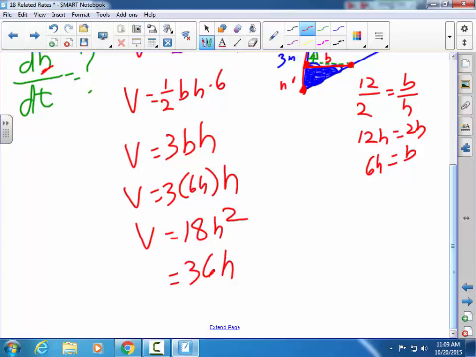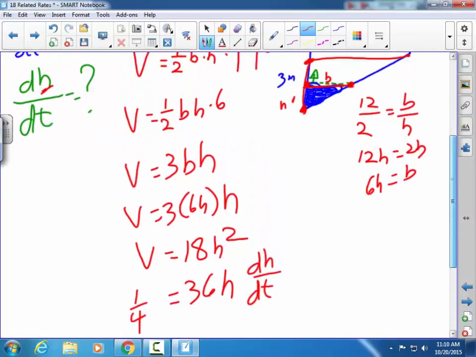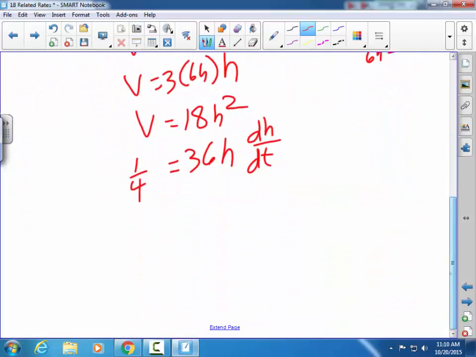36H is equal to 1/4, almost. Nope, not yet. Something's missing: 36H dH over dt, equal to 1/4. And we want to know about this when the height is what? 1.